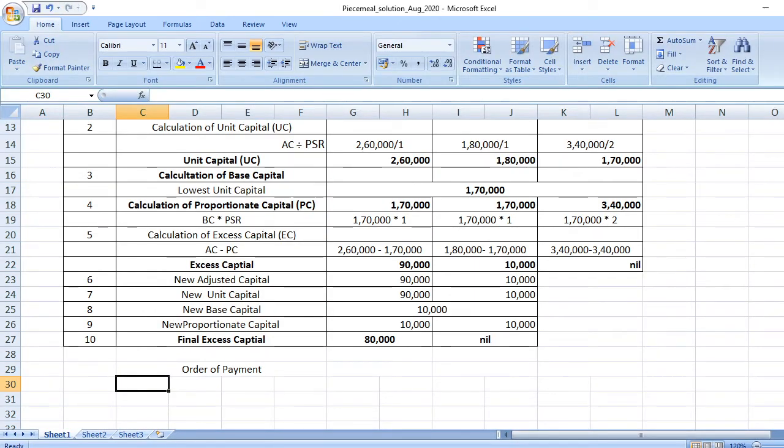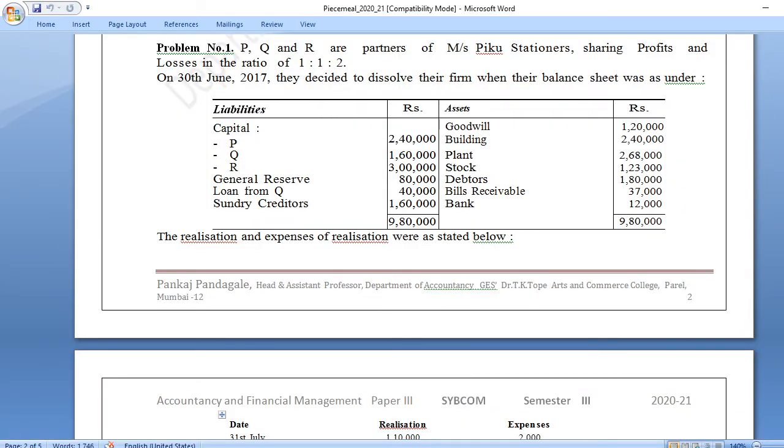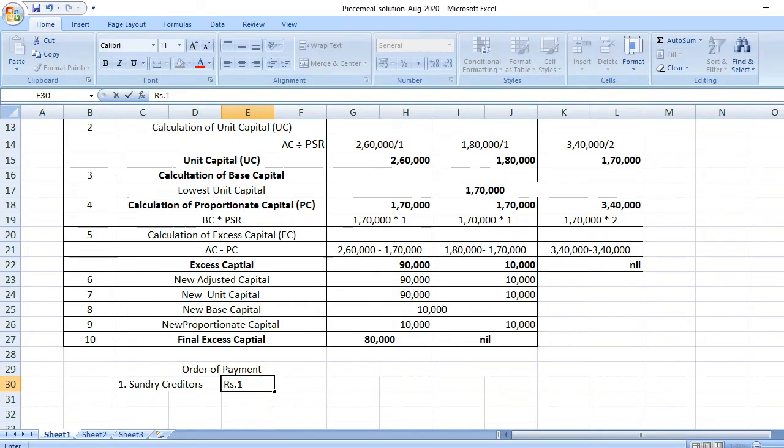So we write here, first payment, sundry creditors. It is an outside liability, so we pay it first. How much amount do we have to pay? Rupees 1,60,000.